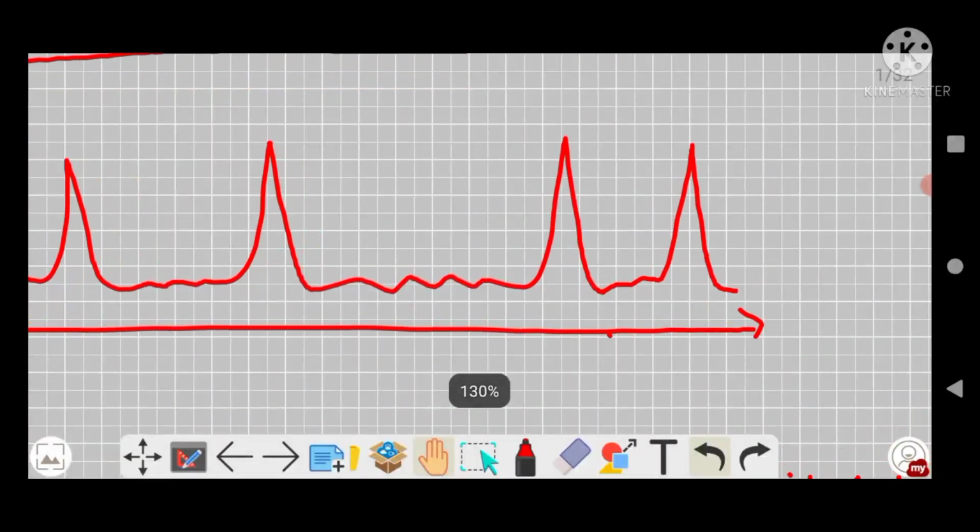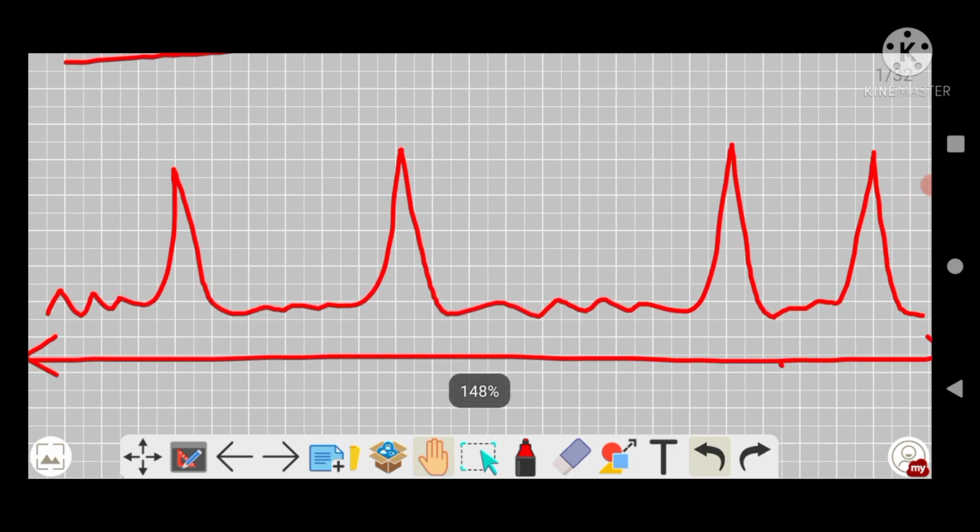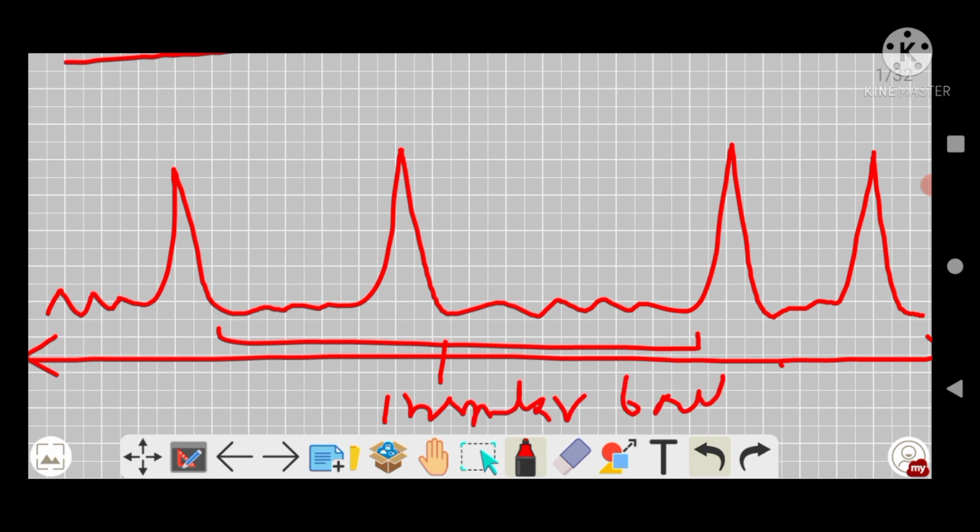Now coming to the tracings. First I told you there is an erratic baseline, that is, an irregular baseline. You already understood that the first peak is the R wave.